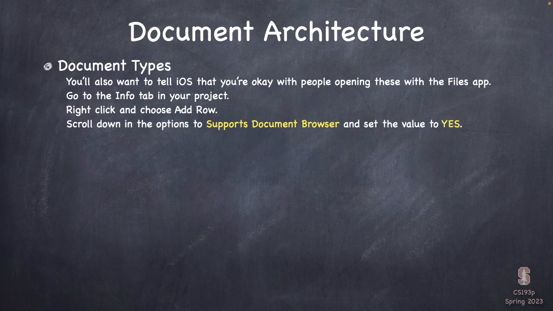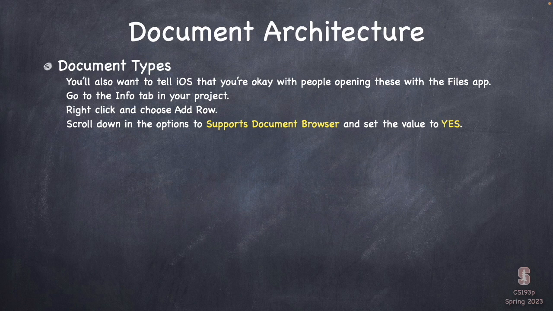One other thing that you're going to see when you do those previous two pages that I was talking about: you're going to get a warning in your app that says, whoa, you defined a document type, but you don't say how people find it and interact with it. There are a couple of different options you can choose there. You'll see them in the warning. But usually we're going to pick this one, supports document browser. We're going to set it to yes, and we're going to do this in our Info.plist.